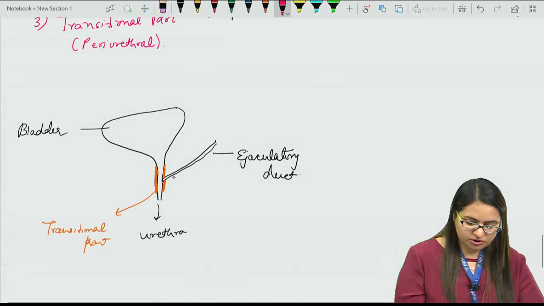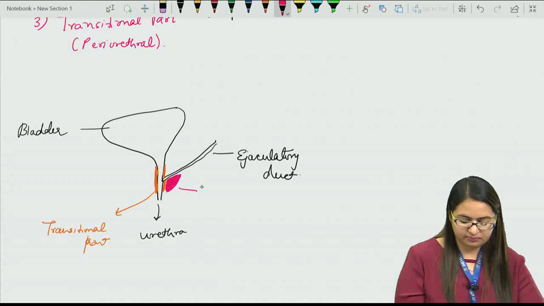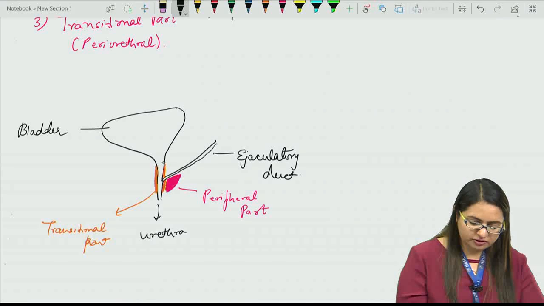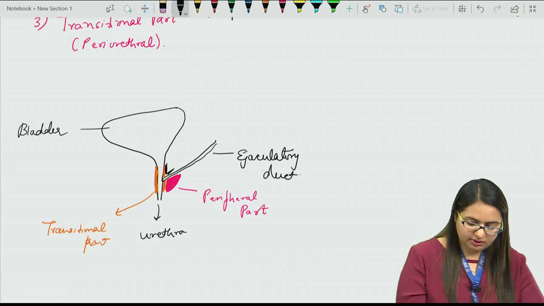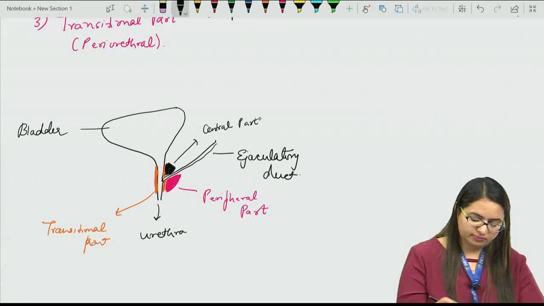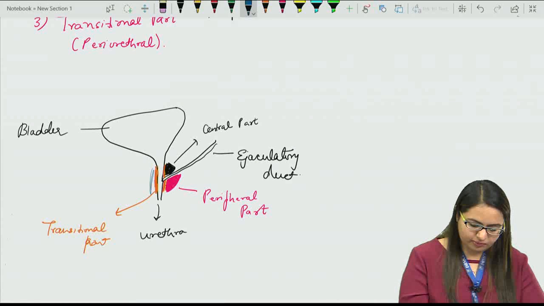Then the portion of the prostate which is present towards the posterior side is the peripheral part or the peripheral zone. It is present posteriorly. Then the portion which is present between the urethra and the ejaculatory duct, this small portion, is the central part. Anterior to this we have the anterior fibromuscular stroma.